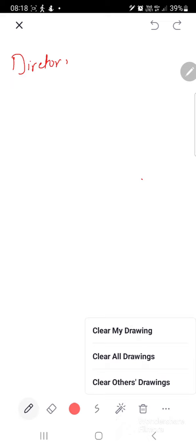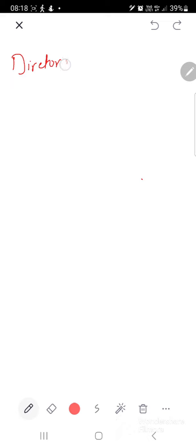Anyhow, after writing the name, we can write down the address of the recipient. Okay, let me make it more simple. Let's say in this way.